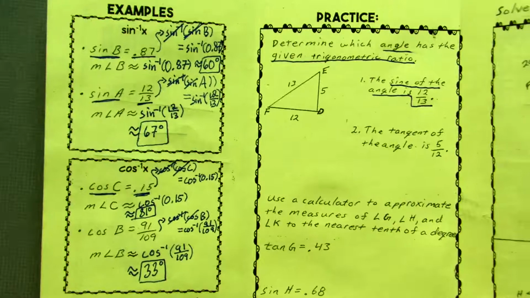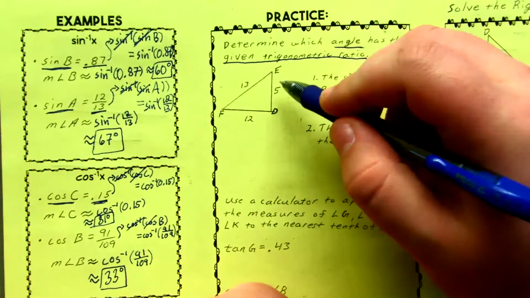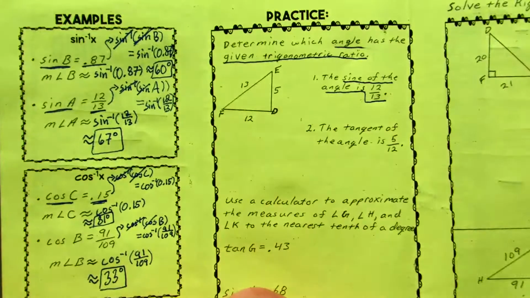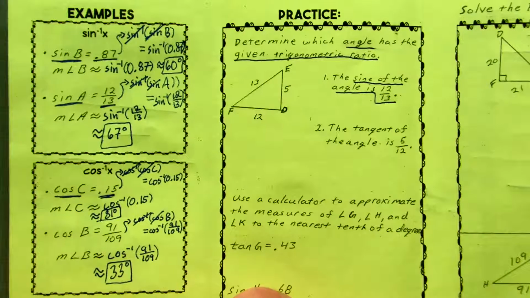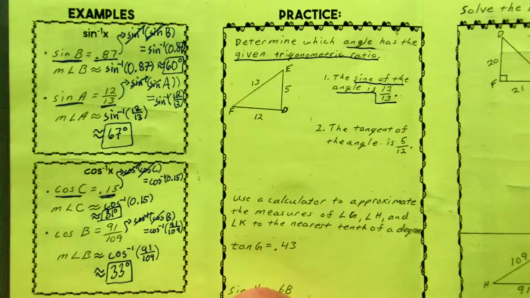And remember, we're looking for the angle here. So D, E, or F. One of these three angles has a sine of 12/13. I see a couple people with it in the chat. I just want to see a couple more answers.